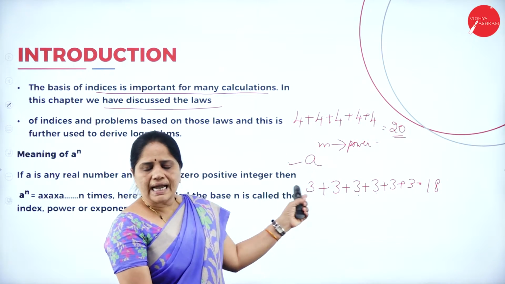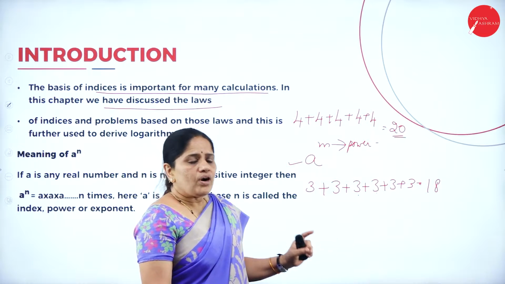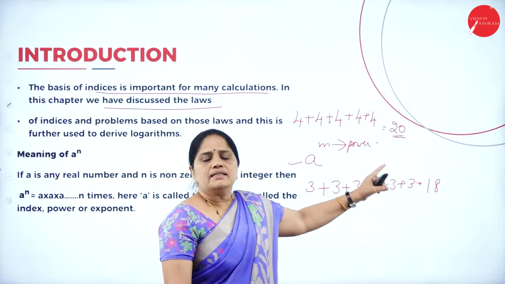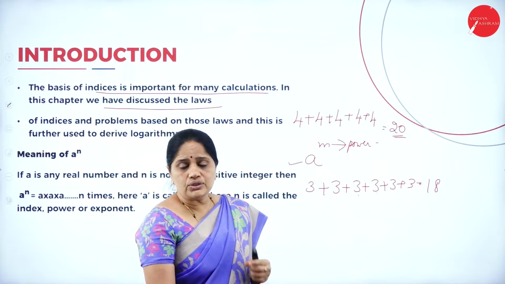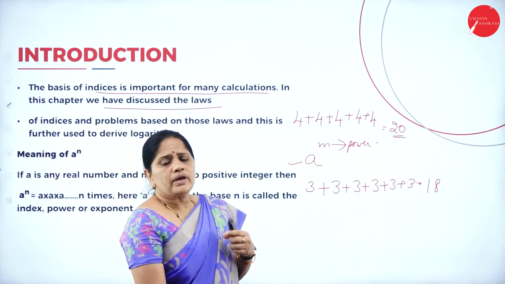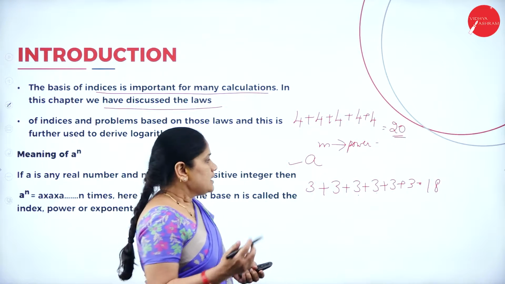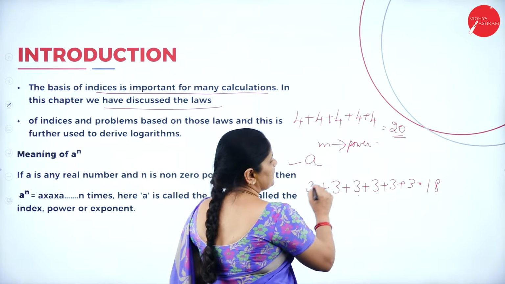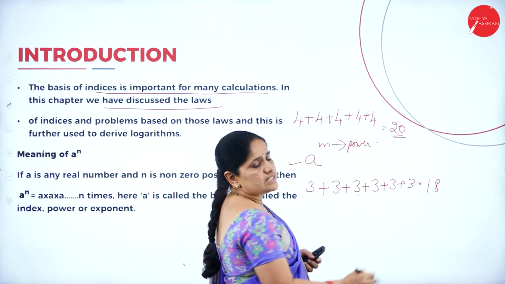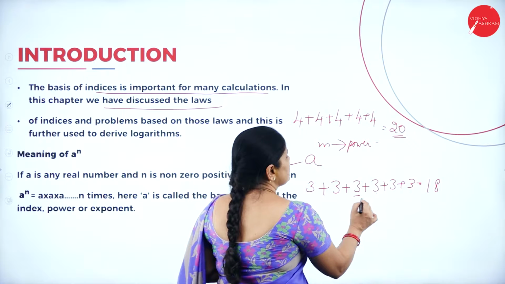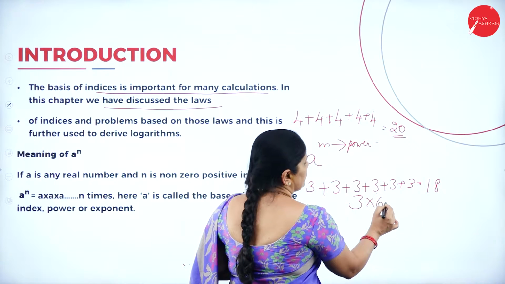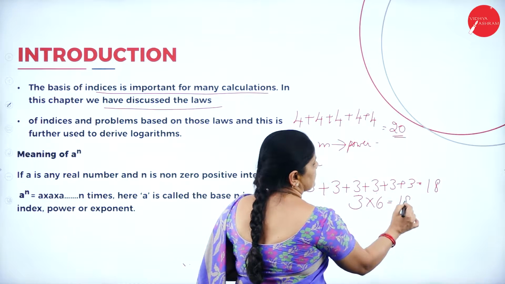Now, this kind of addition, whatever result we are getting, the same result we can get through multiplication also. Do you understand what I am telling? Suppose instead of writing 3 plus 3 plus 3 plus 3 plus 3 plus 3, what I will do is 3 into 6 is 18.